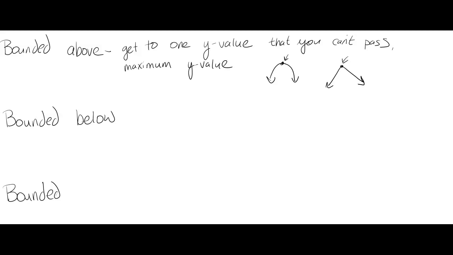Okay, likewise, bounded below just means that you're going to have one y value that you can't get past, and that's basically going to look like a minimum. Oops, I said maximum, I meant to say minimum.